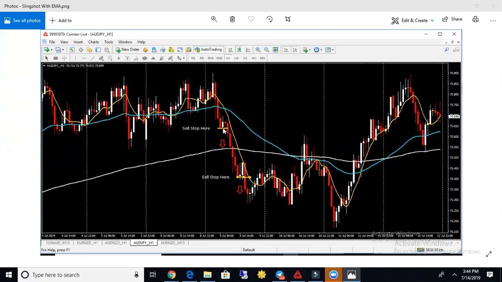So now you're waiting for it to come up some. You want to see a couple of bullish candles, sometimes 3.